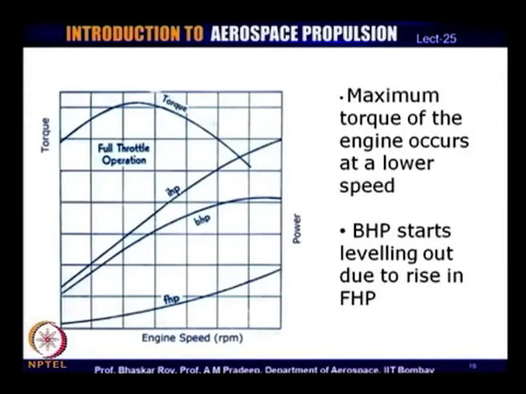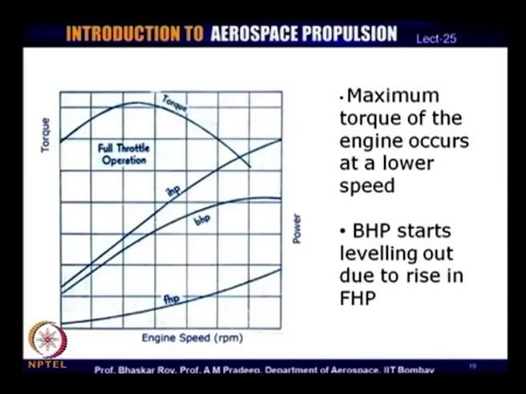The maximum torque of the engine occurs, as we now see, at a somewhat lower speed, and the IHP keeps going up, as we have seen in the last graph, whereas the BHP, which now takes into account the FHP, keeps going up, and then somewhere over here the high FHP forces the BHP to level off, and it plateaus out.